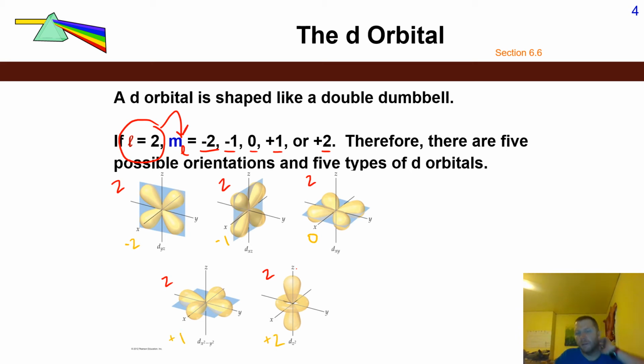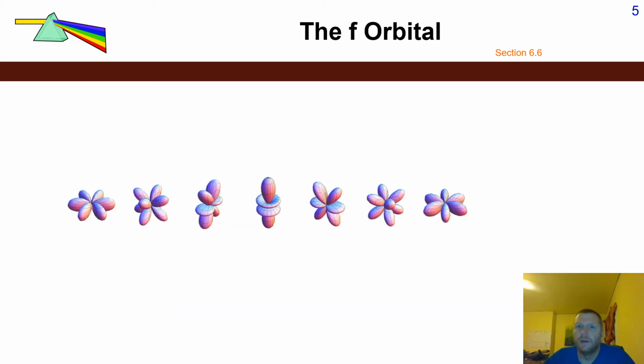Now, these are not numbers that you have to keep in mind, but think about this as your M sub L having 5 different values, and how many different ways can we contort this double dumbbell shape in 3D space? 5.